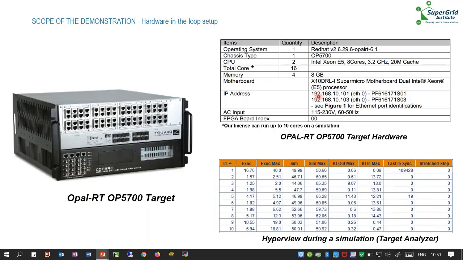The Opal target analyzer called HyperView enables us to monitor the target loading during a simulation. The principal data to look at is the stretch step. A stretch step occurs if a simulation step is achieved in a longer time than the time step given. In that case, we are not in real time anymore, and this step is not considered.